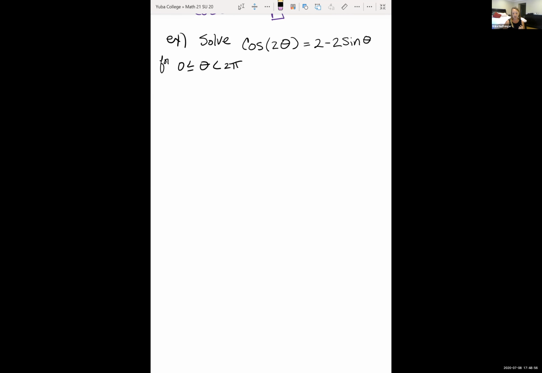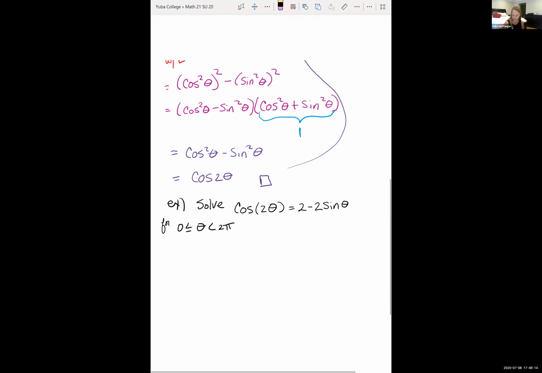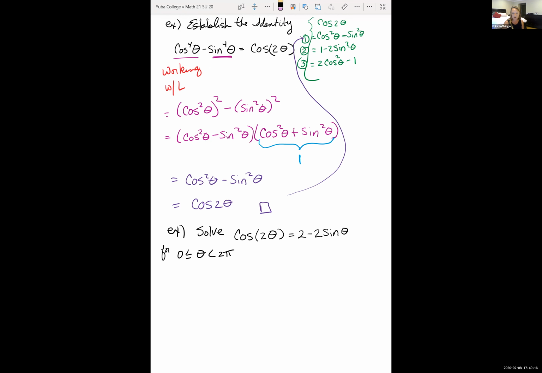Okay, so when solving equations, it's helpful to be able to rewrite our equation all in terms of sine or cosine. Cosine of 2 theta, that was the special one. It had 3 separate ways we could rewrite it. If I pull up what we had above, there is one form of cosine of 2 theta that just has sine in it.